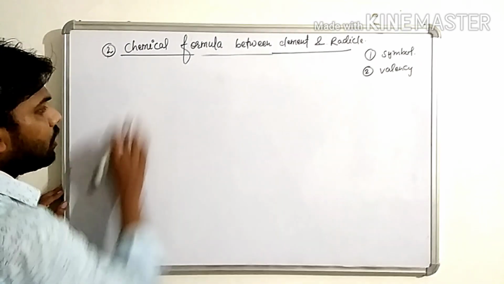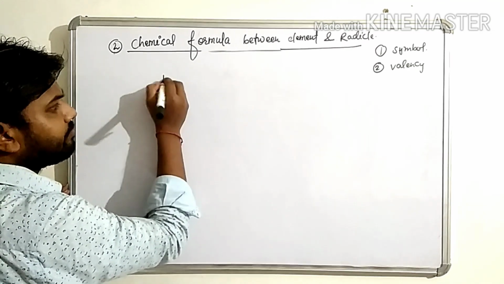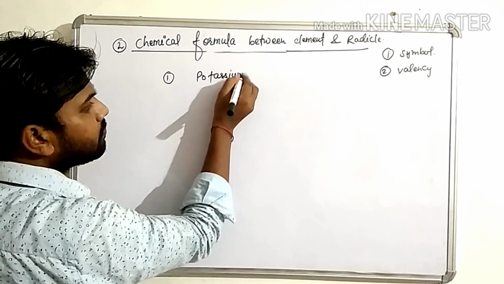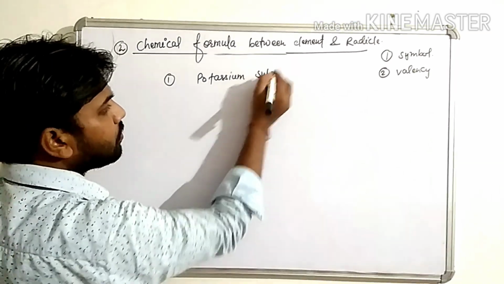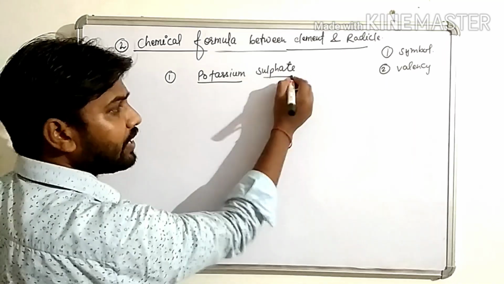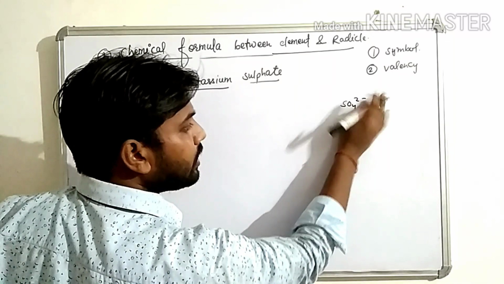For example, children, potassium sulfate. Potassium is an element and sulfate is a radical, which is SO4 2 minus.